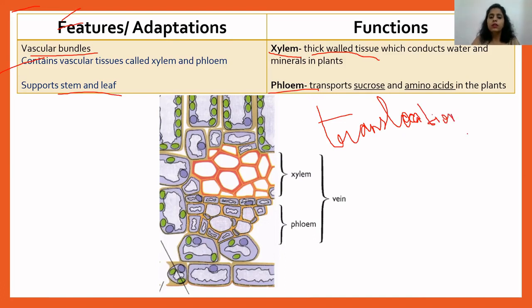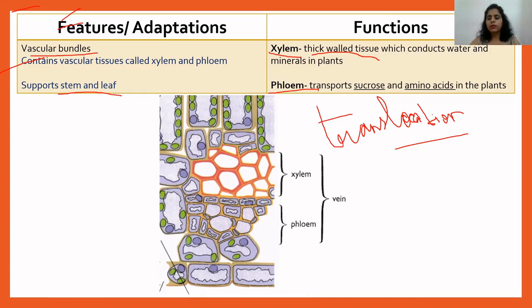The phloem tissue helps in transport of food across the plant, and the type of food transported is sucrose and amino acids. So xylem helps in conduction of water and minerals throughout the plant, and phloem helps in translocation of sucrose and amino acids throughout the plant.